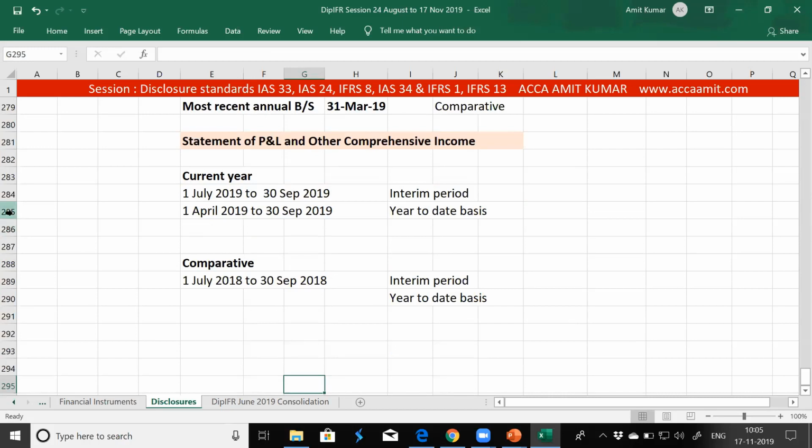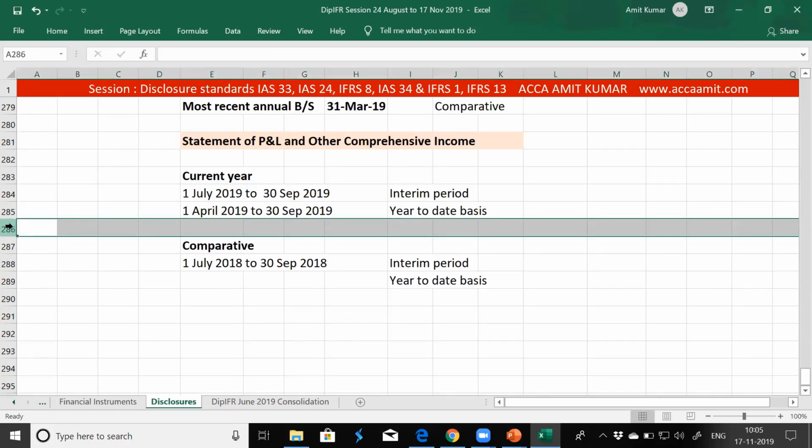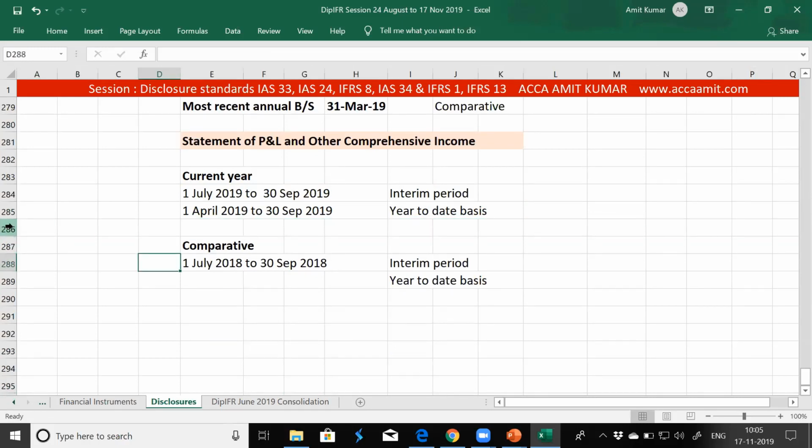For income statement and for comparative, we need to give the same year-to-date comparative of the previous year, 1st April 2018 to 30th September 2018. Hope this is clear with everyone. This is the requirement of IAS 34. So for income statement, you need to give year-to-date basis as well as current interim period and comparative of the same season last year.